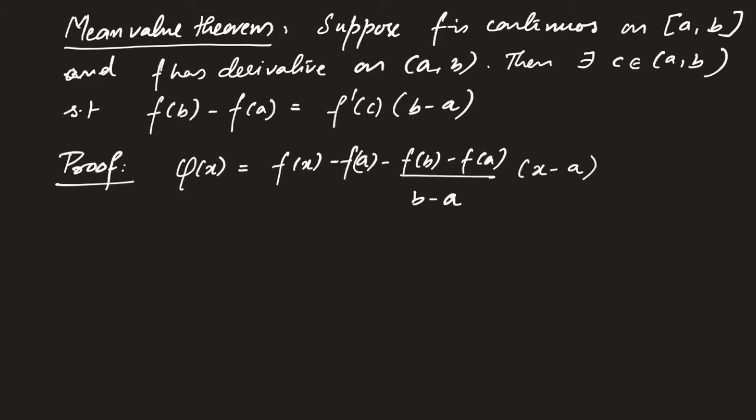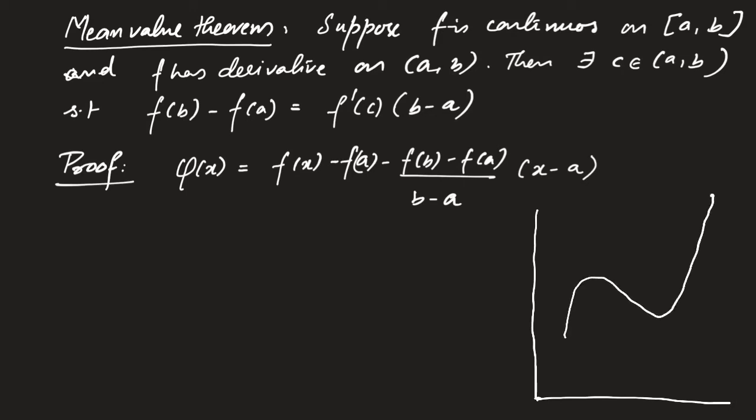Now this function might look a bit weird at first glance, but actually it is not that weird. Suppose our function looks something like this. Say here this is a and this is f of a, and this is say b and this is f of b.